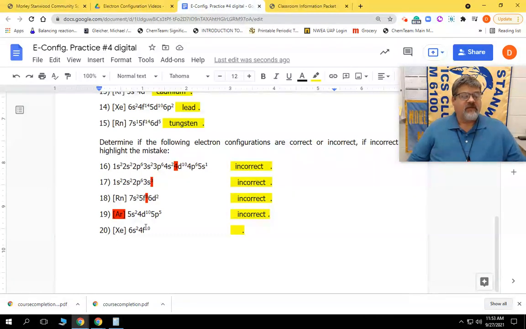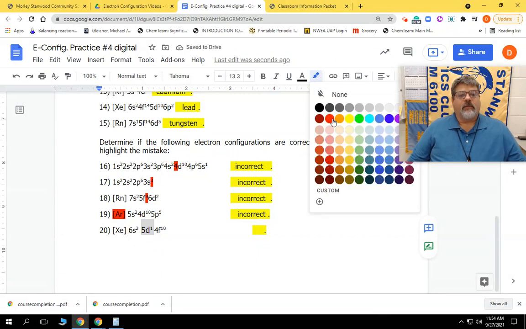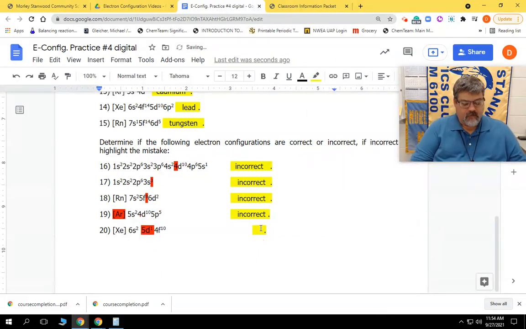Well, here's my problem is I ended in the f's. Remember, if we end with the f's, we have to make sure that we should have a 5d1 in there. Okay, so that's our problem right there, is we didn't have that in there. And so there's our problem with that one. This one is also incorrect. So we have that.